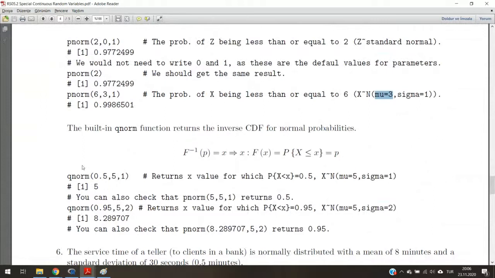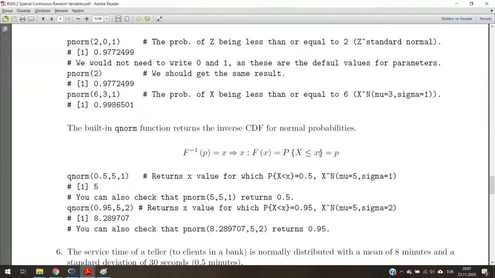However, again, we need to learn the inverse CDF for the normal distribution. So let's just say we are interested in the inverse CDF, which means instead of asking the probability of this random variable to be less than or equal to a certain value, this time we are going to give the probability and we will ask for which value the probability of this random variable to be less than or equal to it is equal to p.